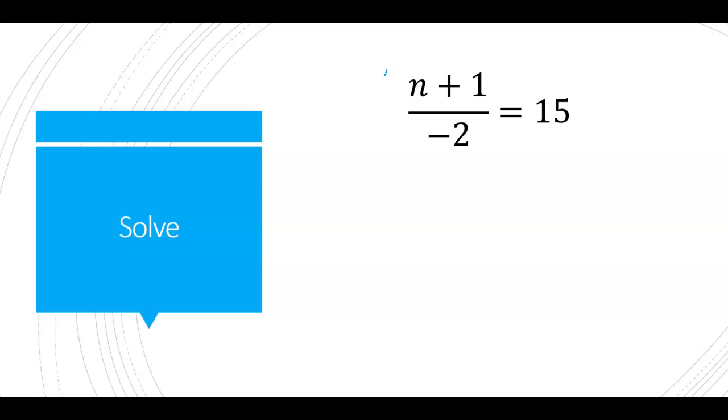What am I going to do first to this problem? I am multiplying. And what am I multiplying by? Negative 2. Good. Okay, Logan. What is 15 times negative 2?